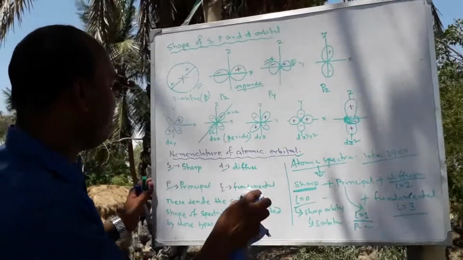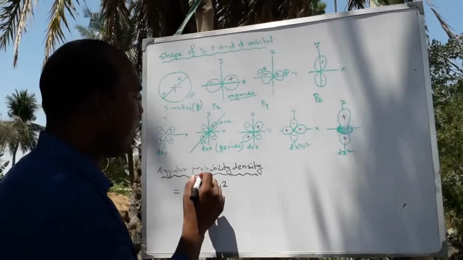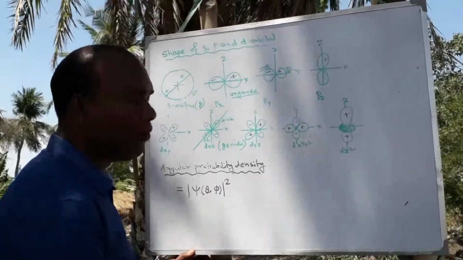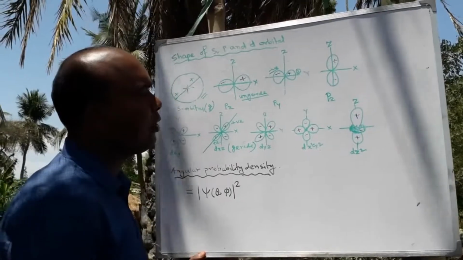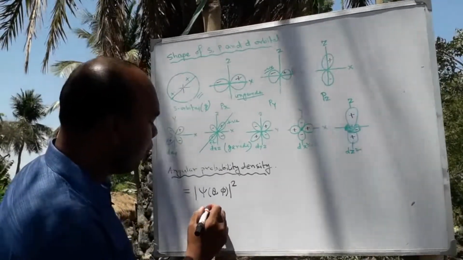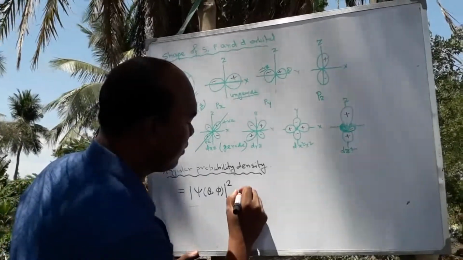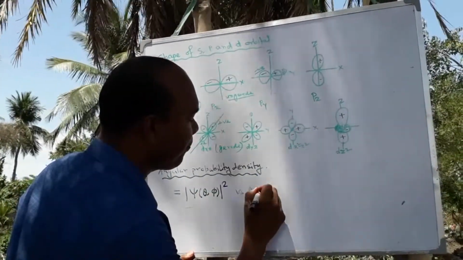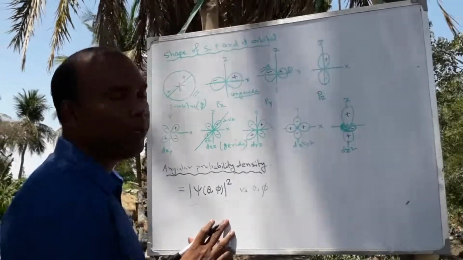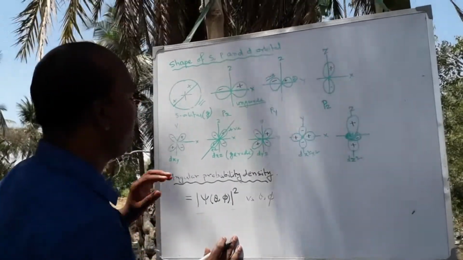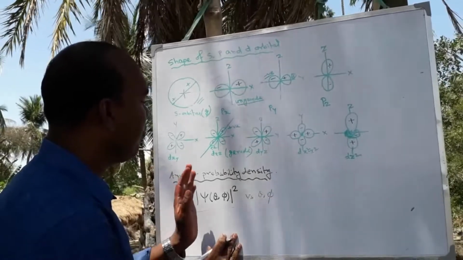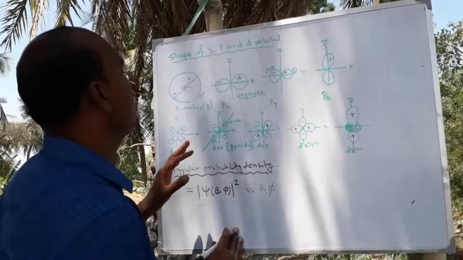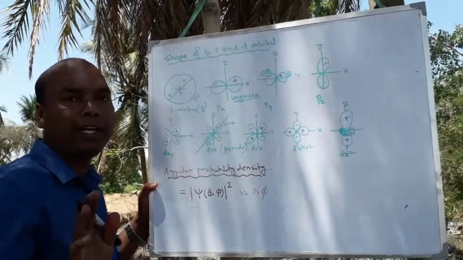Now come to another point. Angular probability density can be defined as the mod square of the angular part of the wave function, like the radial part of the wave function. If we plot this function in three-dimensional space, that is against theta and phi, then there will be no negative part. The shape will be like this, but there will be no negative sign.